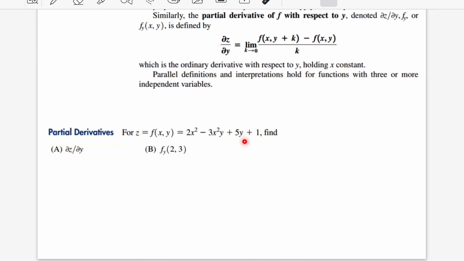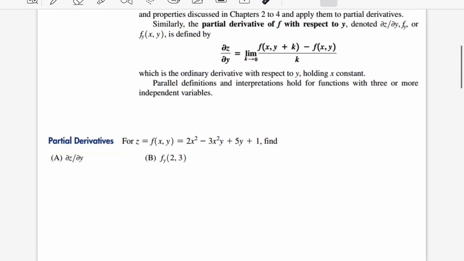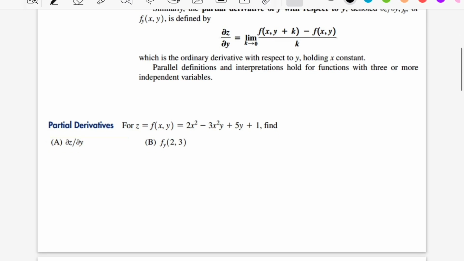Suppose we're given this equation and we want to find the partial derivative of z here with respect to y. That's what that notation means. We can also write this as f sub y. Since our function is f here, we want to find the derivative of it with respect to y.